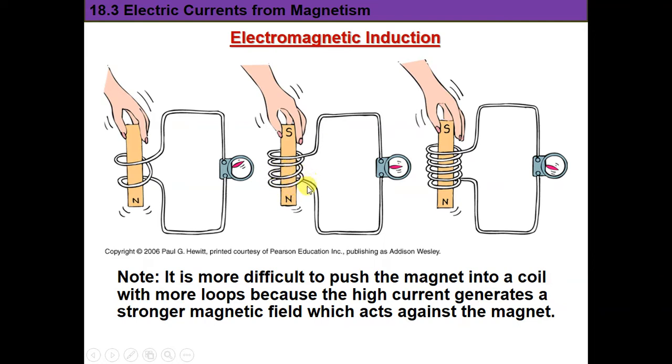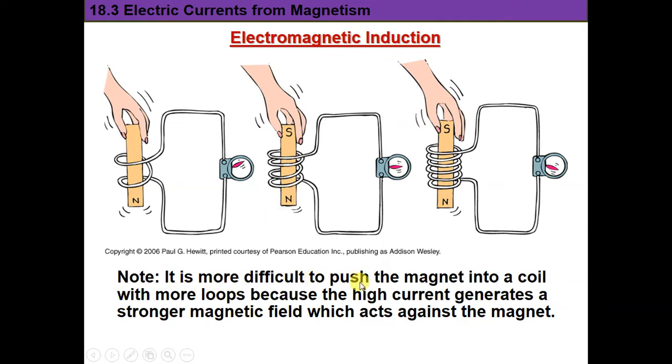Why? Because more loops means a greater magnetic field around the loop, produced by the current in the loop. So the greater the interaction between the magnetic field produced by the loop and the magnetic field of the magnet. That's why it's more difficult.